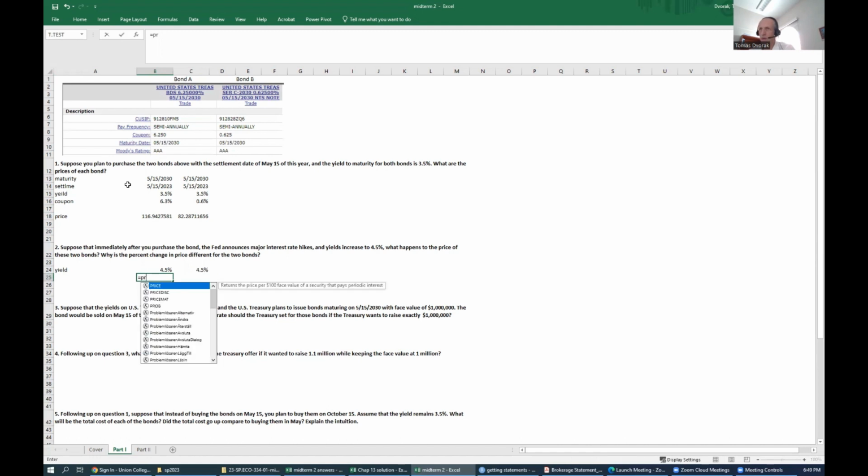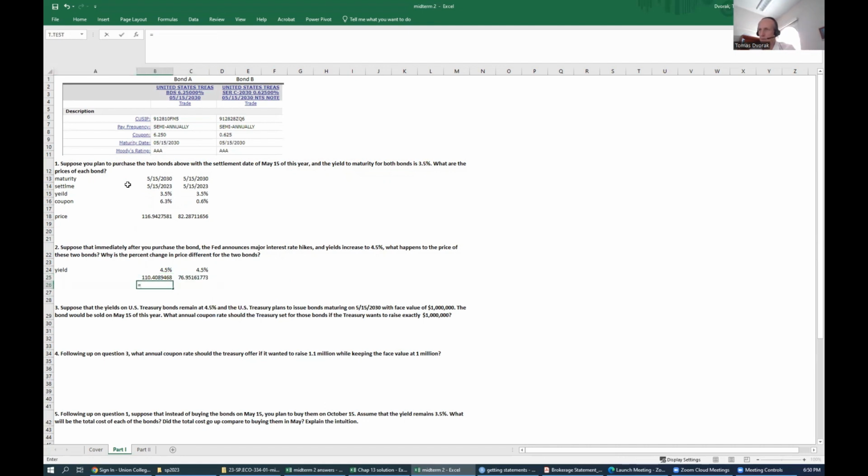So price: settlement is here, maturity is here, rate is the same, and yield is 4.5%, redemption is 100, frequency is 2, basis is 0. And let's Control R that.